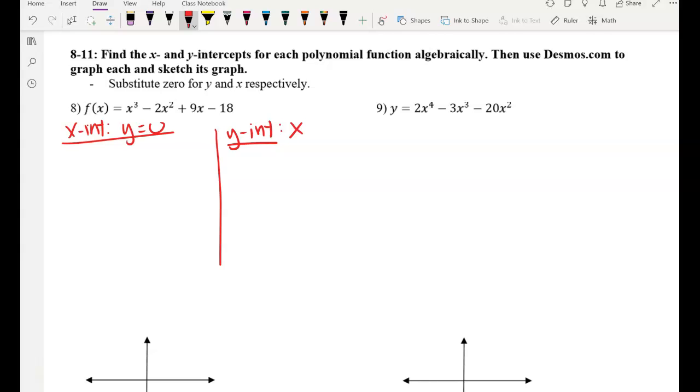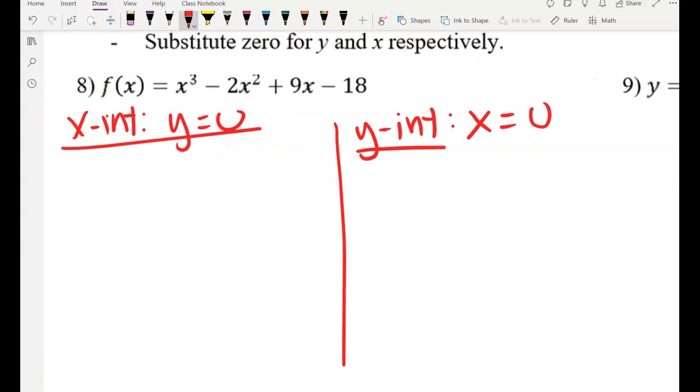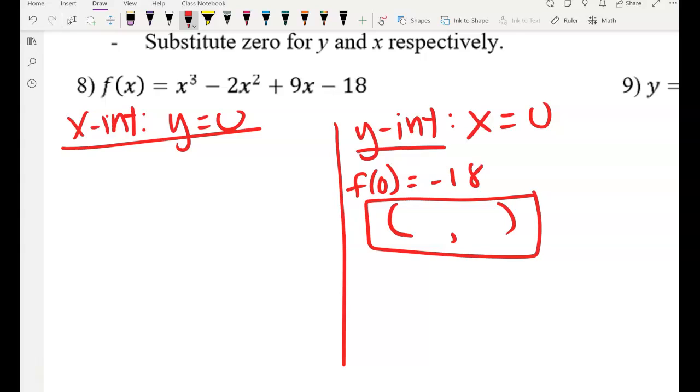Let's do y-int first because y-int is so easy for this first one. When x equals 0, what happens? Everything goes away except what? Oh my gosh, that's so nice. So write it as an ordered pair. What comma what? 0 comma -18. Okay.